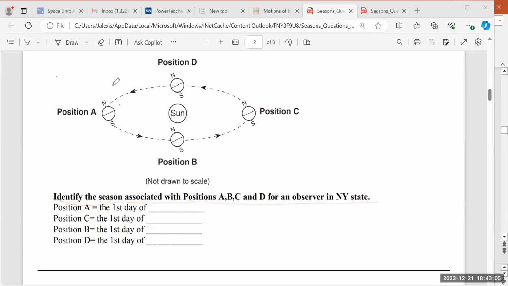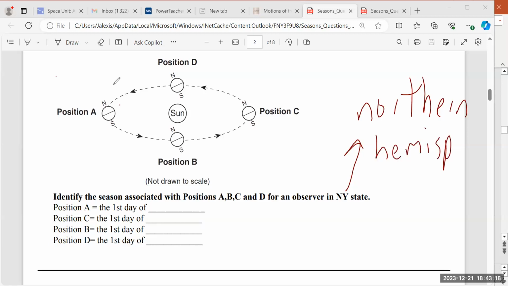Okay, so the fact that it's New York State, we're looking for the season in the northern hemisphere, right? Because is New York above the equator or below the equator? What is it, everybody? Yeah, it's correct. It's above the equator. So let's start with A.